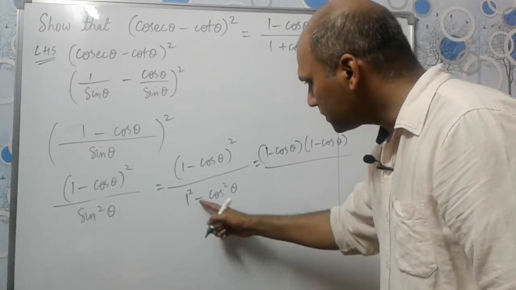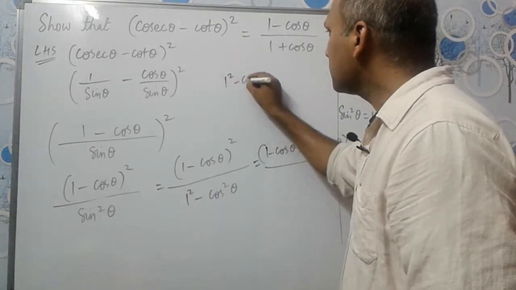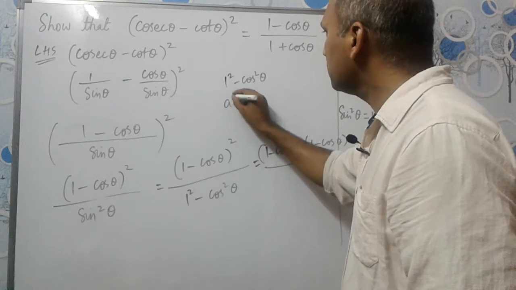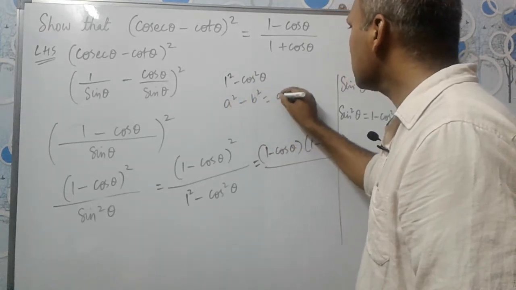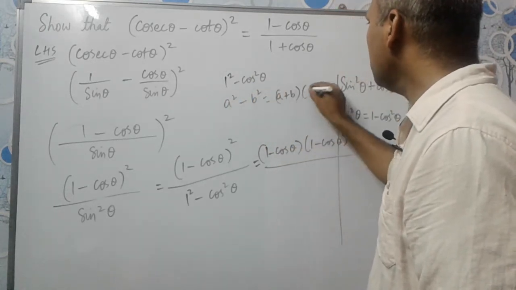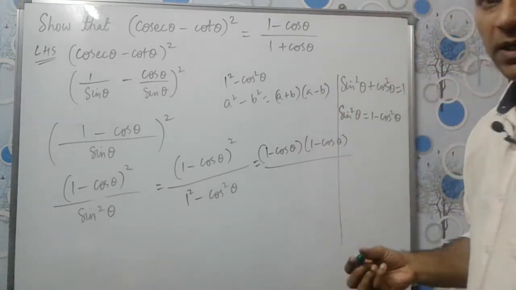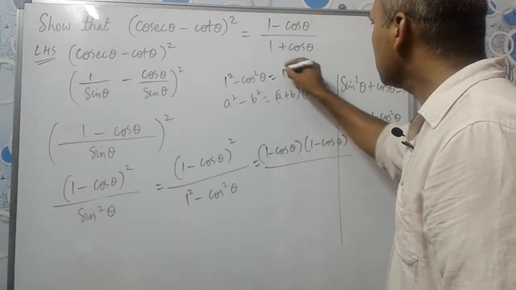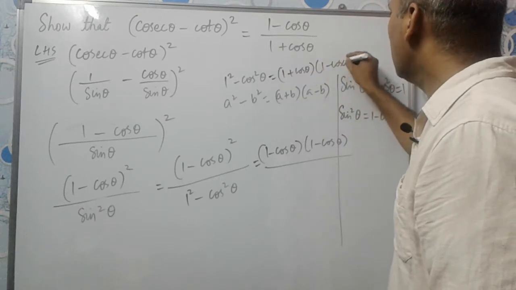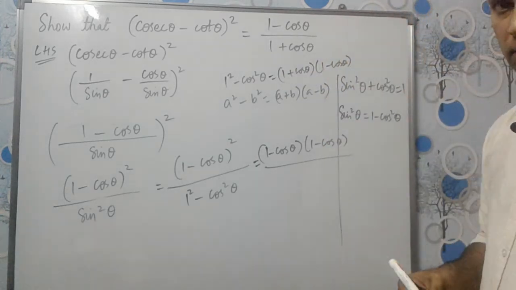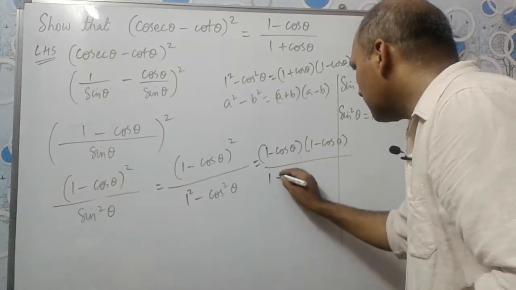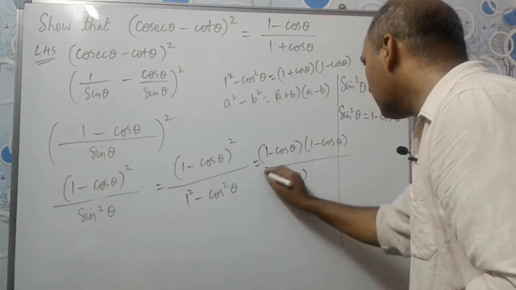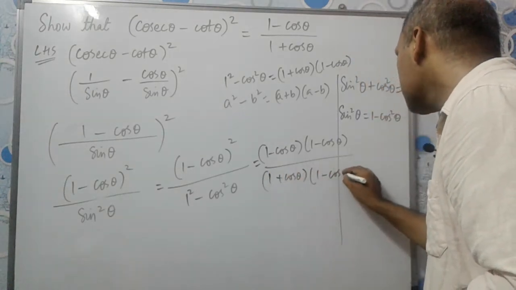The denominator is of the form a square minus b square, and we know a square minus b square is (a plus b) multiplied by (a minus b). So this will be (1 plus cos theta) multiplied by (1 minus cos theta).